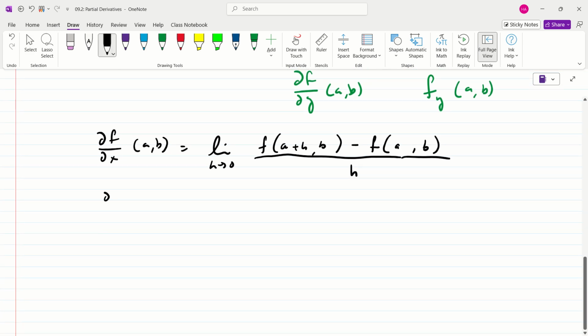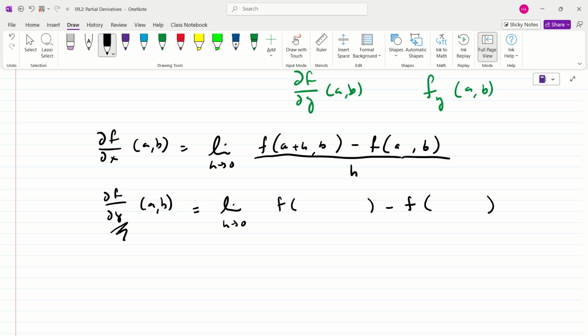And in the same way, for the partial derivative of f with respect to y at a, b, because we're taking the partial derivative of f with respect to y, what kind of value does the x have? It has to be a constant. So on the top, where you have the difference between two evaluations of your function f, the first coordinate is going to be a for the first and a for the second, because the x values are considered to be constant.